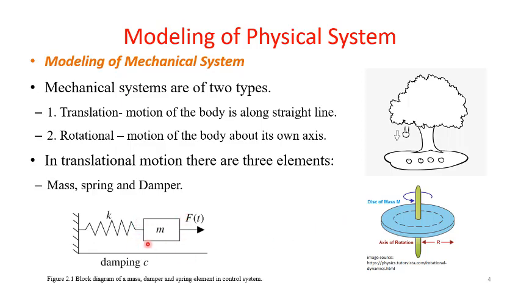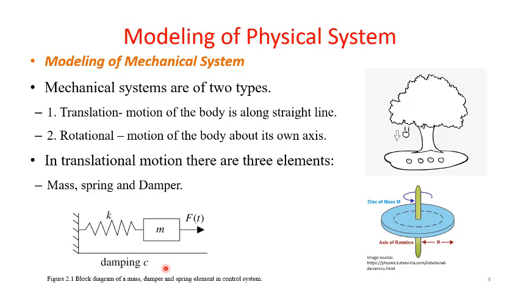Here the mass is represented by a block with its mass concentrated at the center. On the mass we apply a force in one particular direction, and the mass is connected to a fixed end with the help of a spring, which is going to retract. The body is placed on a surface where air acts as a medium of friction, or there may be surface friction acting below the mass. That we call damping.